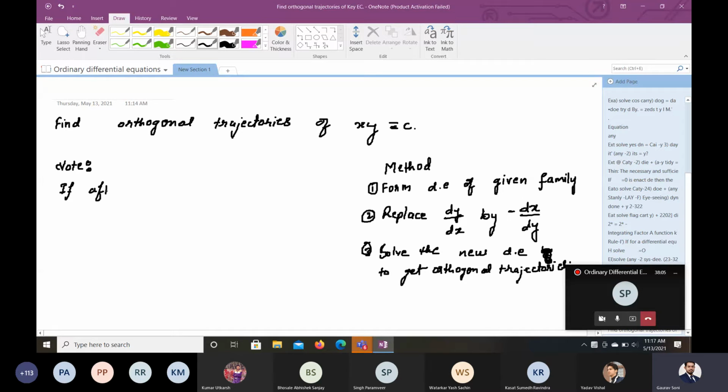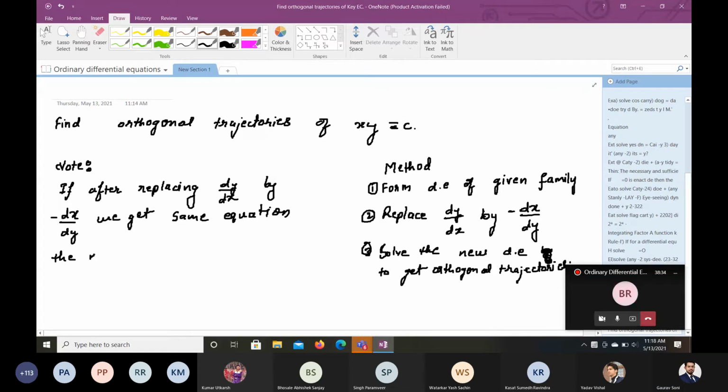If after replacing dy by dx by minus of dx by dy we get the same equation, then the given family is self-orthogonal.